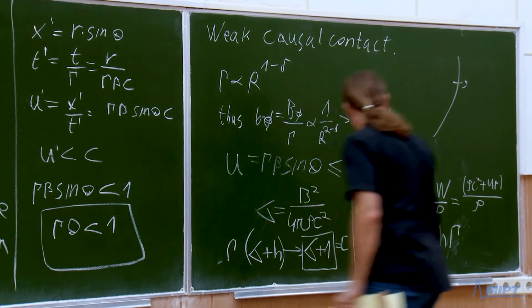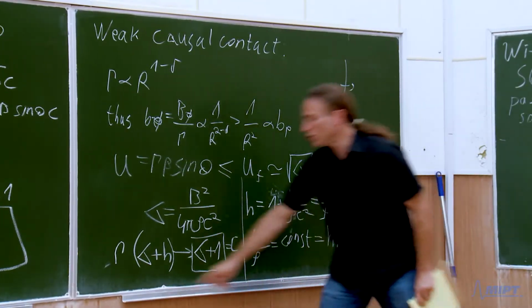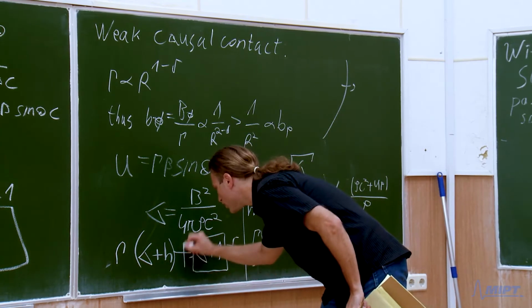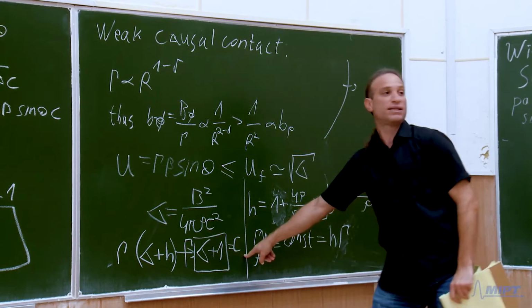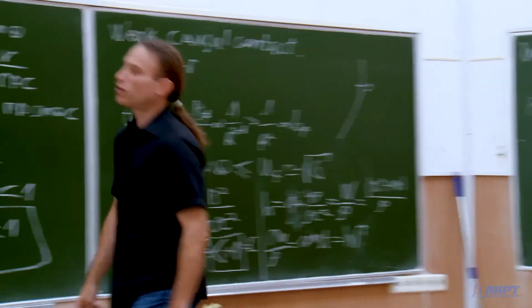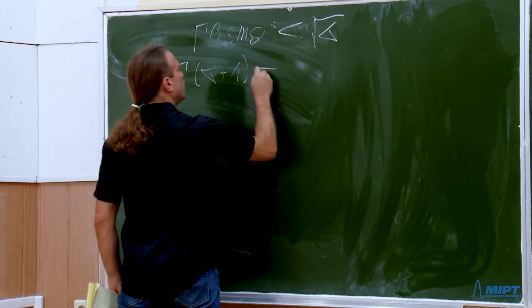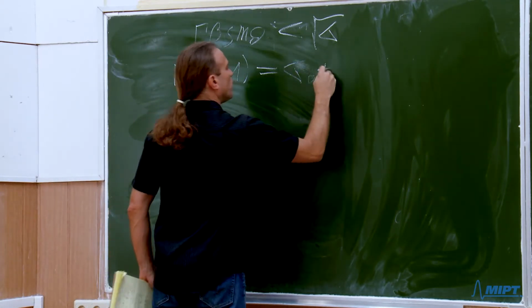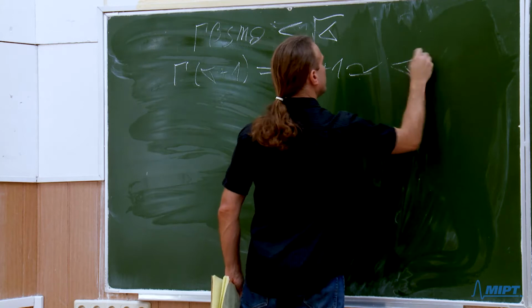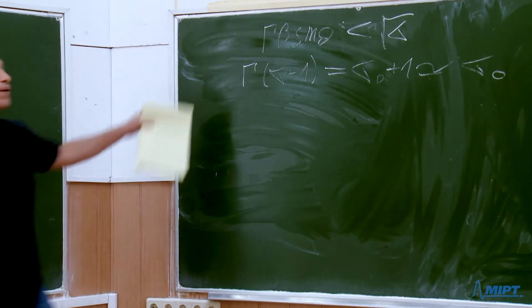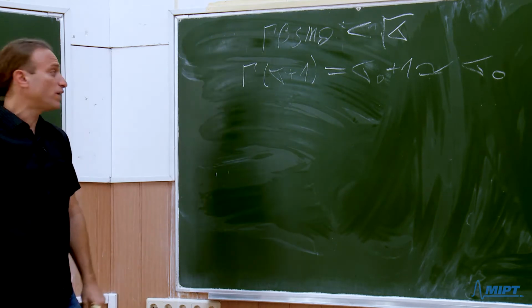Because just like I have gamma h here, I need to have gamma times sigma plus h here. So gamma times sigma plus 1 is constant. So I have the connection that gamma times sigma plus 1 is equal to sigma 0 plus 1, which is roughly sigma 0.